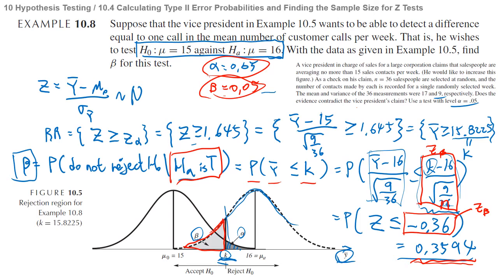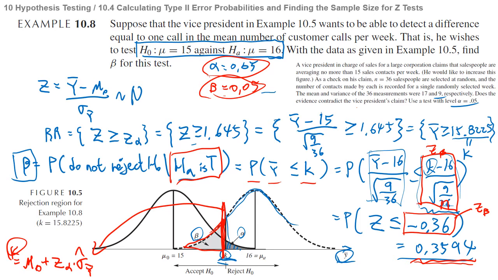So in the formula, for this k, this is something like mu zero plus z alpha times standard error of y bar.